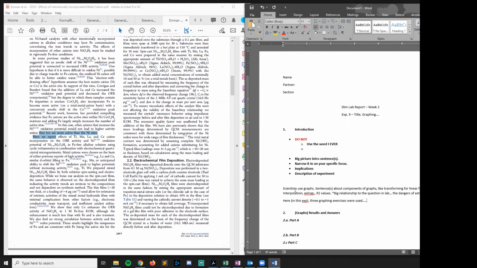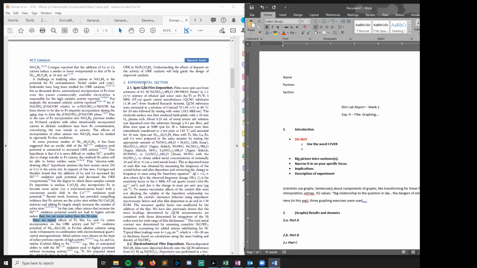So now what do we have here? I've got one sentence that we've been talking about for our big picture. We've got one sentence about narrowing it in to a less specific focus, right? We're talking about graphs. Well, specifically, we learned about interpolation, extrapolation, R squared, whatever those sentences you want to work out there. Then what are the implications? Why do we care? The dangers of extrapolation. And then finally, the description of the experiment, which will gently lead the reader into here we use these graphing techniques, right? If this was a proper full lab report, your next section is then experimental.